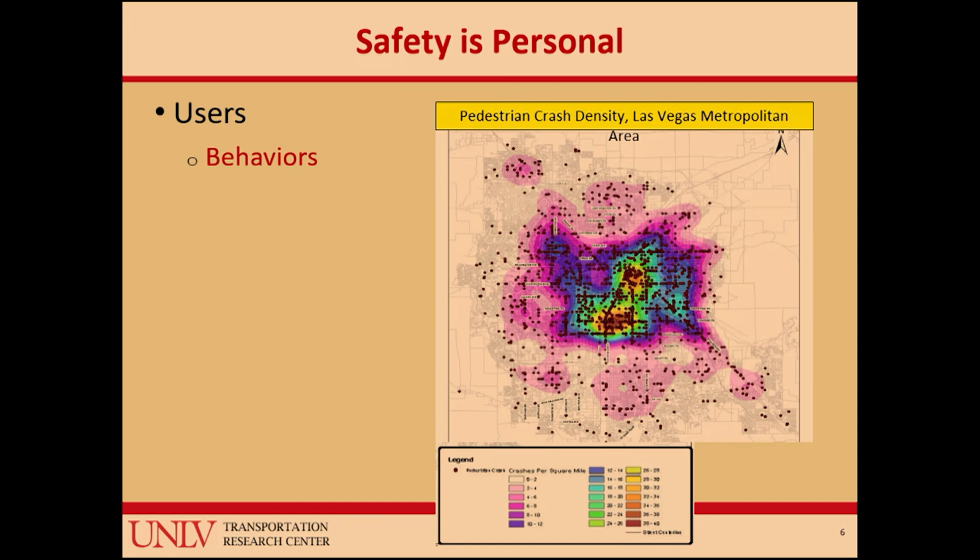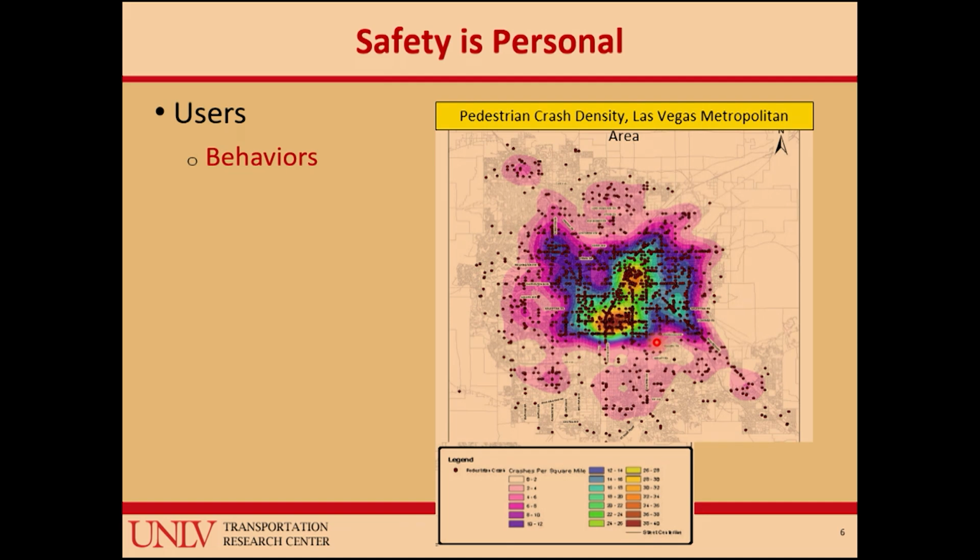The east to west distance is about 40 kilometers, and north to south is about 55 kilometers. The darker the shade, the higher the concentration of pedestrian crashes. This is just to show you that there are problems.